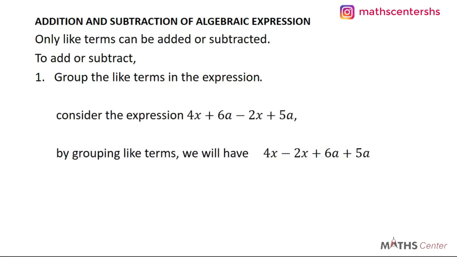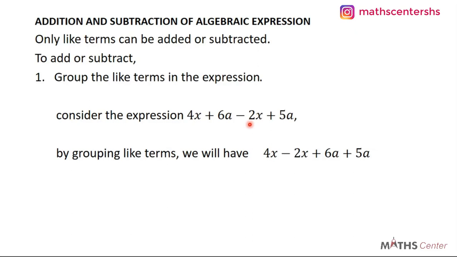So for example, if we are to consider this expression here, 4x plus 6a minus 2x plus 5a. We have this term 4x, we have this term 6a, we have this term minus 2x, and we have this term 5a. If you are to add or subtract this expression, the first thing you must do is to group the like terms.